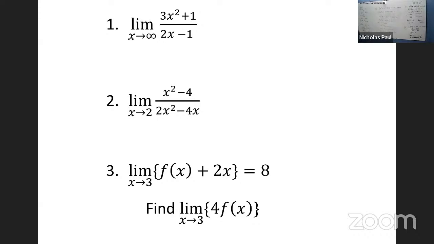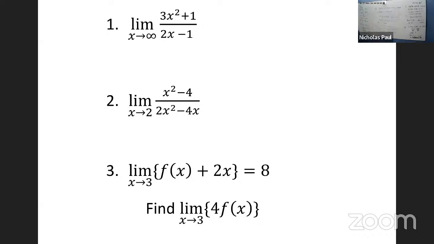All right, let's go. Let's check out the first one. Would you be able to factorize the first one?